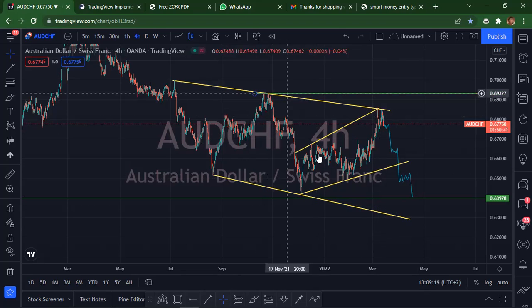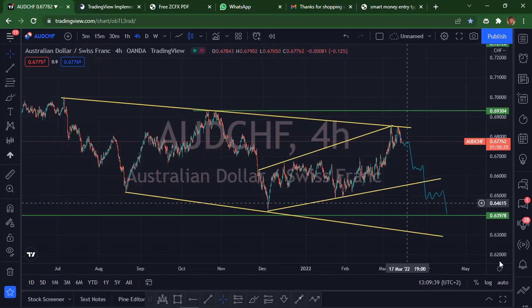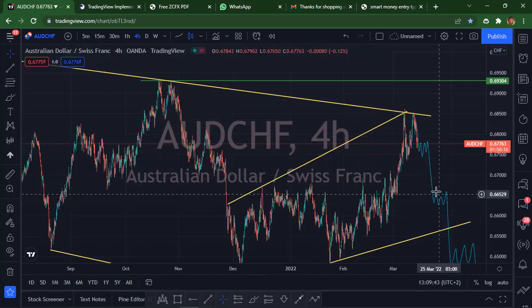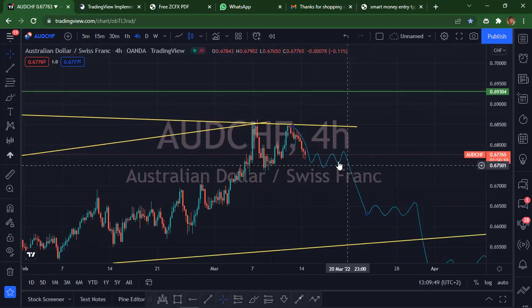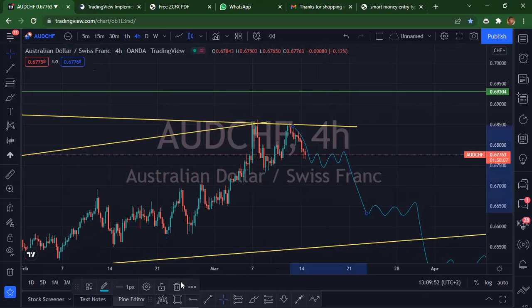There must be confluence, so we must find patterns within patterns, which will tell us that the market could go in this direction. It will all add to our confidence, to the winning rate, and to the odds of us getting this trade right.